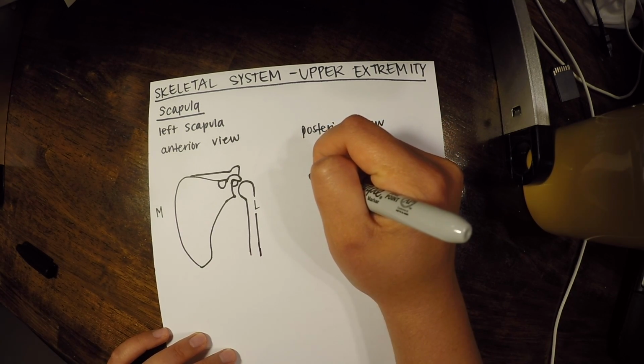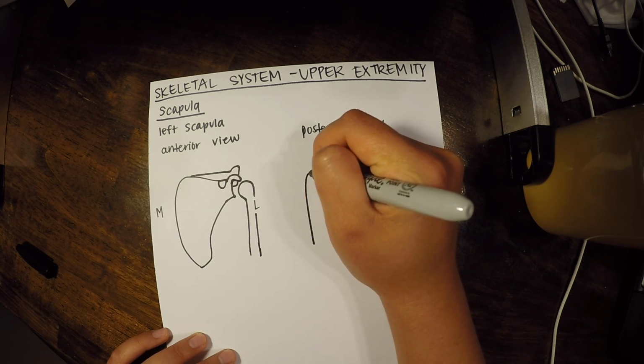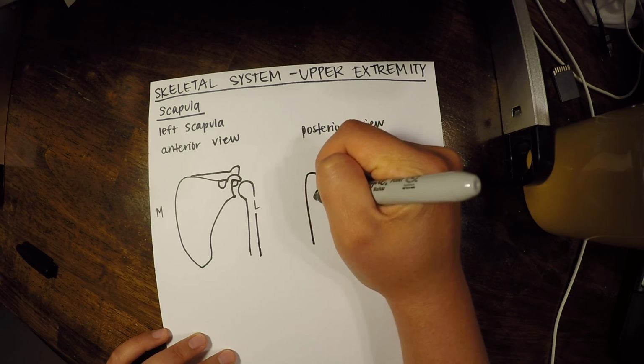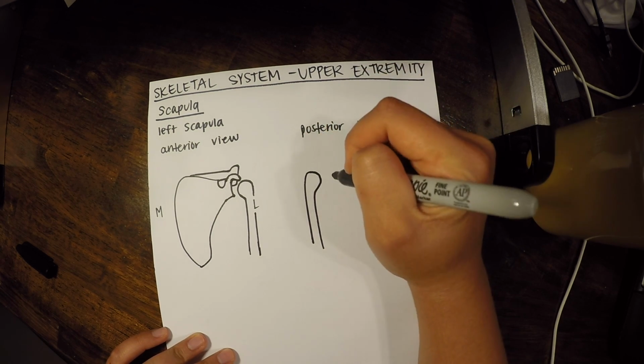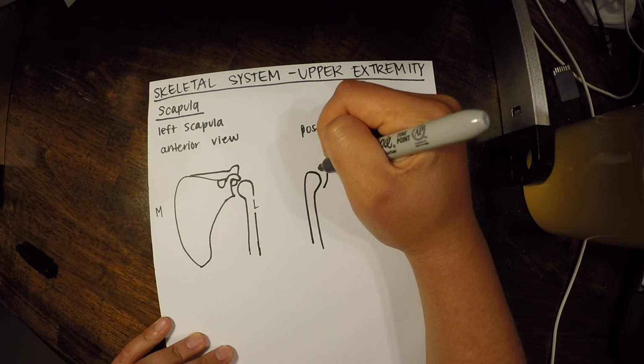So I'll do the same thing over here for the posterior view. Since we're looking at the back of the left scapula, there's going to be a humerus right here. And then I'll draw the rest of the scapula out here.